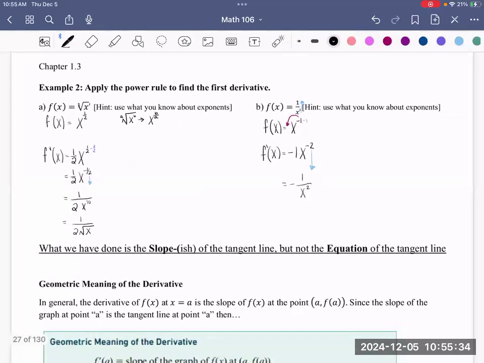So if there's anything in the radical, take it and put it into a fractional exponent. So we'll write it like that. If in a radical, make a fractional exponent.